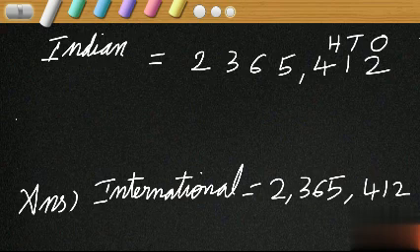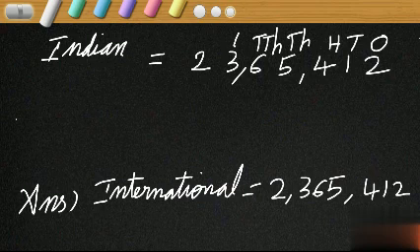We are trying to convert the international system into the Indian system. Which are the places in the thousands period in the Indian system? Thousands place and 10,000 place. Is there any 100,000 place in the Indian system? No. Then we have lakhs place and 10 lakhs place. This is the number in the Indian system.